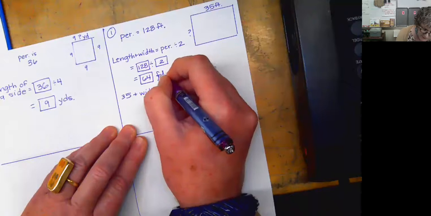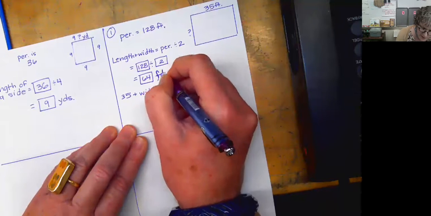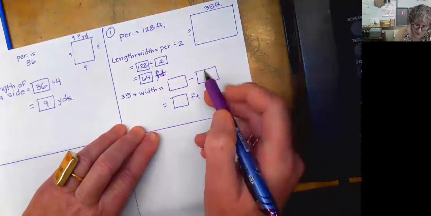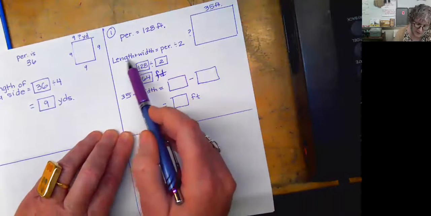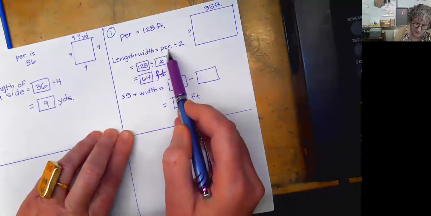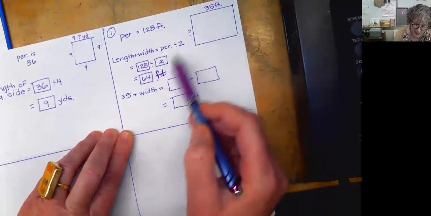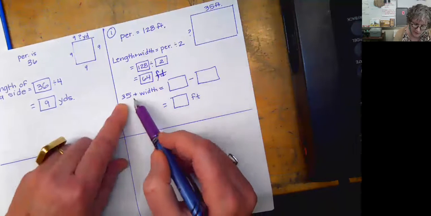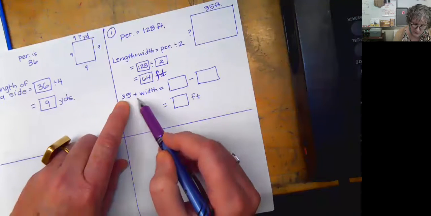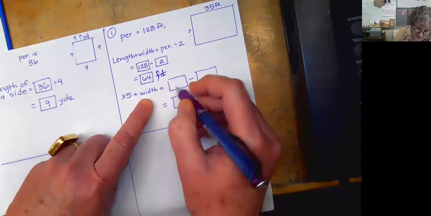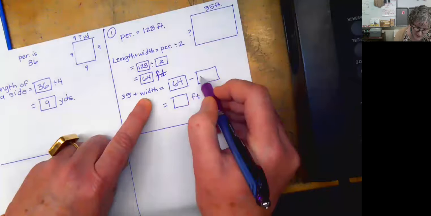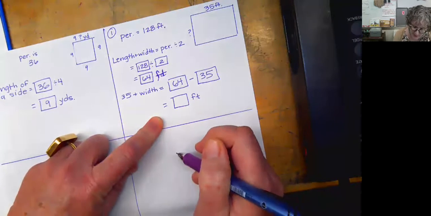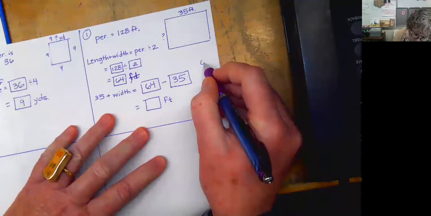It should be feet. Feet, sorry. All right, so if I know that the length and the width are going to be the whole perimeter cut in half, then I know that it's 64. And so if I know 35 plus the width, that means I'm going to take 64 minus 35, right? And I'm going to go ahead and do that right here.